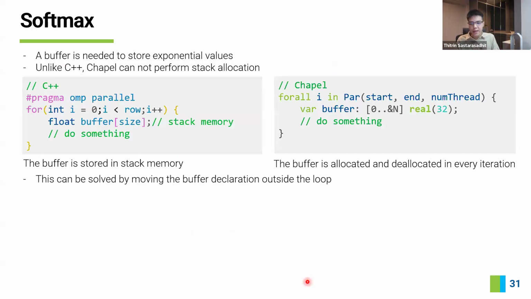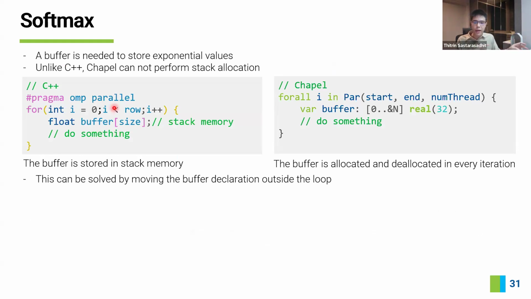The issue when I enable multi-thread lies only in the softmax, because in this layer I need a buffer to store the computed exponential values for reuse. In C++, I just declare the array in the loop.